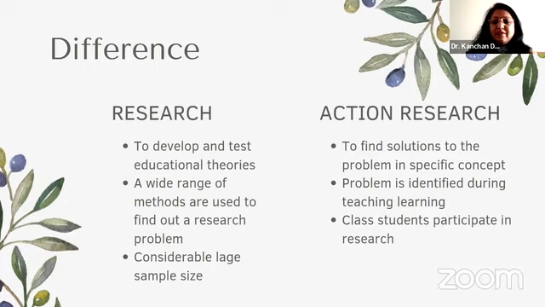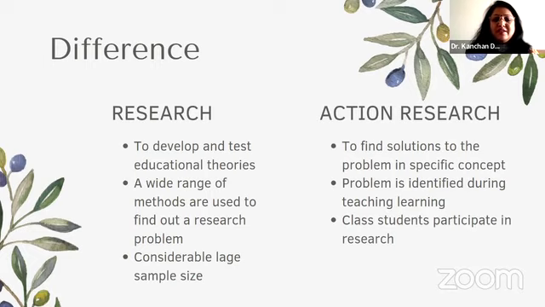So when it comes to action research, it is just to find out a solution to a specific concept or a specific problem which occurs in the school or in a particular class. So this is the major difference between the other researches and the action research.